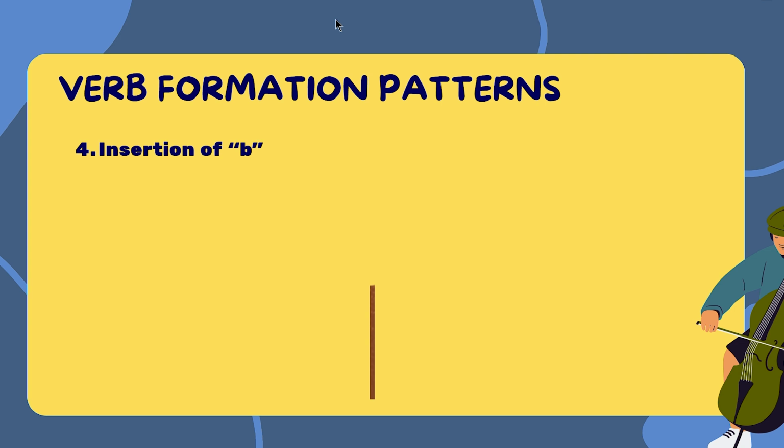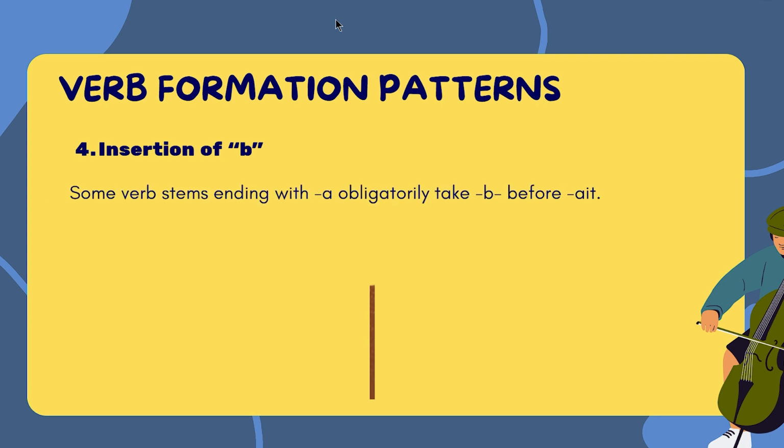In certain cases, there's an insertion of ba as well. Okay, so some verbs ending with a obligatorily take ba before 8th. So this is easier to understand with a few examples. So when we have a verb like a, which is the stem for come in English, and we have to attach 8 to it, we cannot say ait, we'll have to say abait.